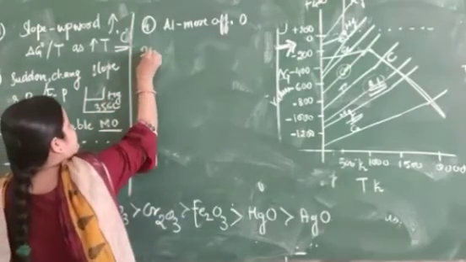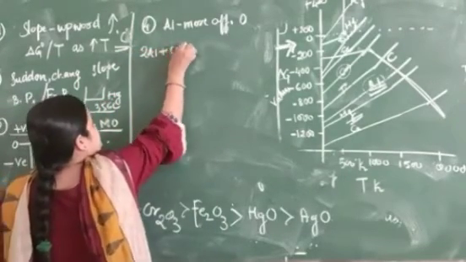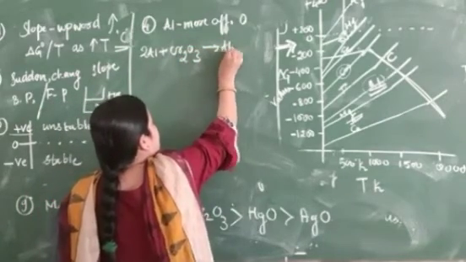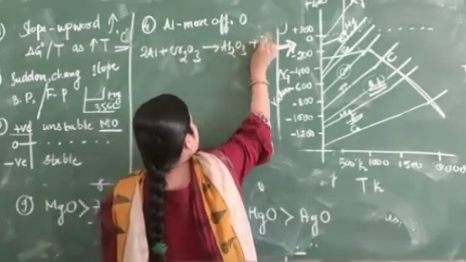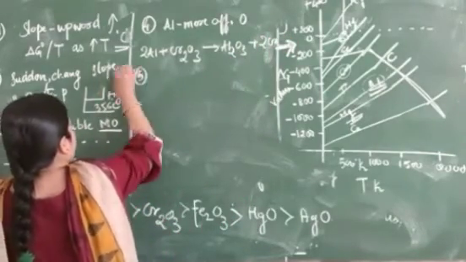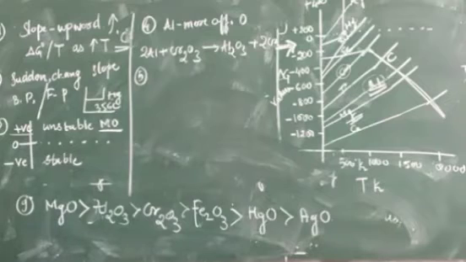Here I will write 2Al plus Cr2O3 gives Al2O3 plus 2Cr. This is the fourth point.